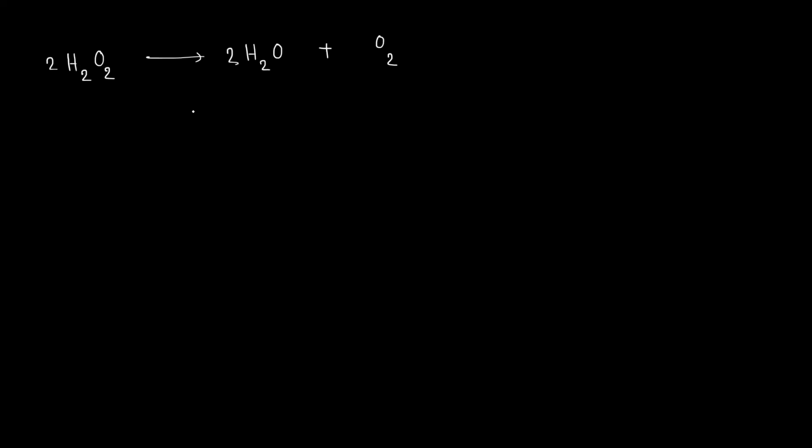So the reaction is balanced now. As you can see from this reaction, when 2 moles of hydrogen peroxide are consumed, 2 moles of water are produced and 1 mole of oxygen is produced.